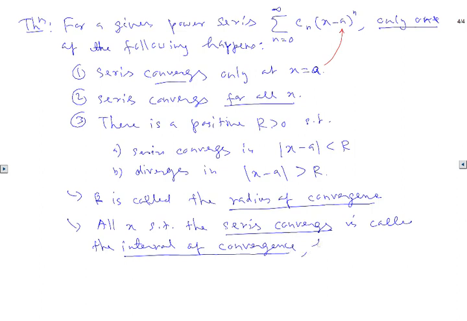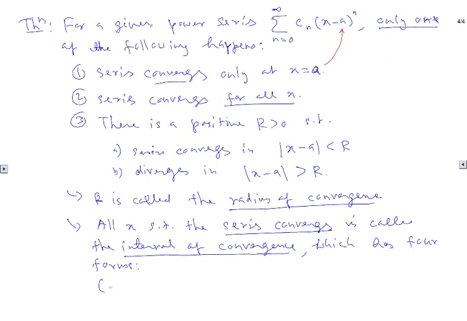The interval of convergence has four forms. Because R is the radius of convergence, you go R away from a, but there are four ways.